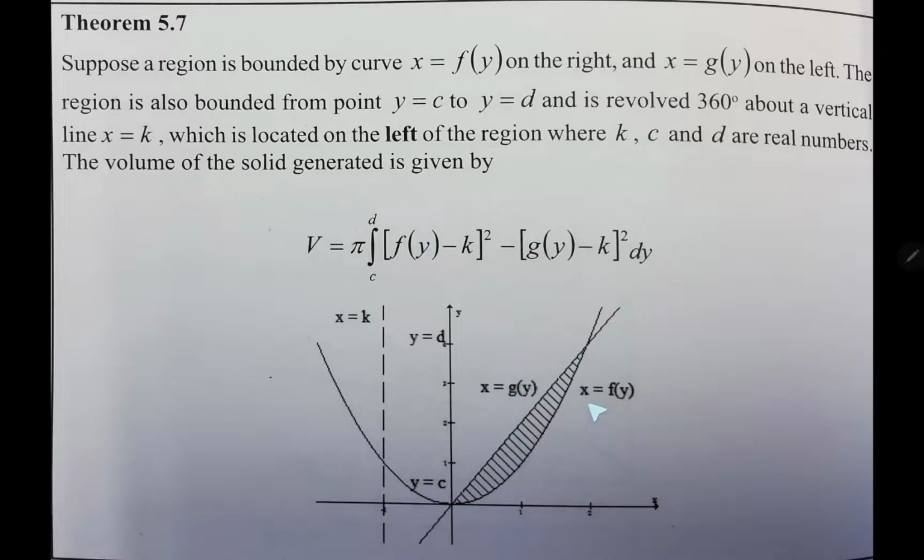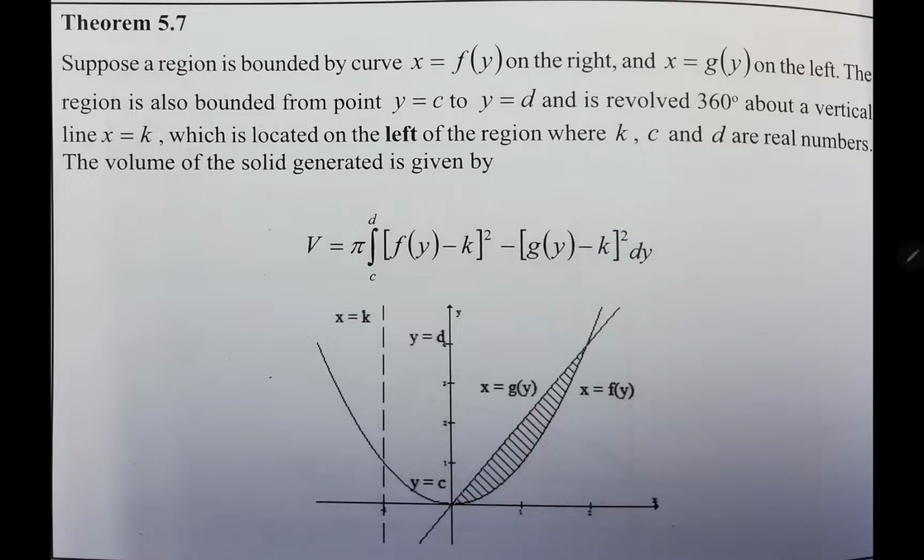Function f adalah yang ni, ini adalah right boundary, function belah kanan. Function g pula adalah left boundary, function yang belah kiri. So maksudnya ini function belah kanan tolak axis of revolution square minus g ni adalah function belah kiri tolak axis of revolution square.